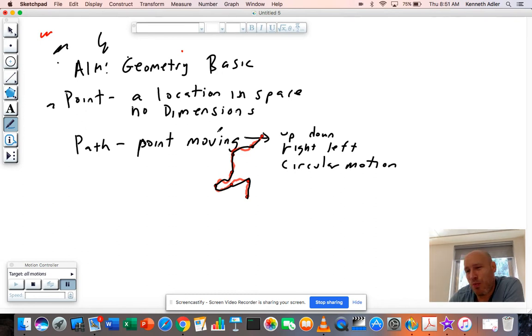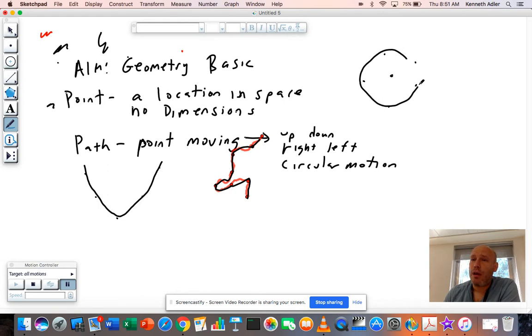In another class, we're going to plot a bunch of points and connect them with a curve that we call a parabola. In another class, you technically plotted a bunch of points around a radius and you connected it with a curve, the path you moved, but we call that the curve.